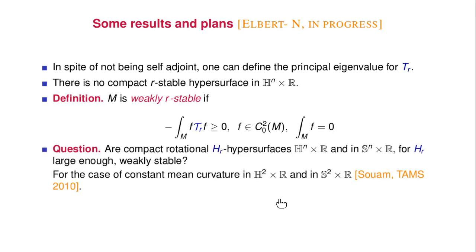And then the question is, for example, are compact rotational hypersurfaces with H_r equal to a constant in these two very symmetric spaces weakly stable? Why this question? Because in fact, if you look at the constant mean curvature case in H^2 cross R and S^2 cross R, Rabat and Swam proved that in H^2 cross R they are weakly stable, and in S^2 cross R they are weakly stable if H is large enough. Okay, so it's a very interesting question.